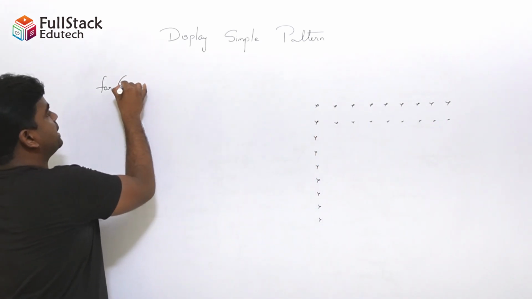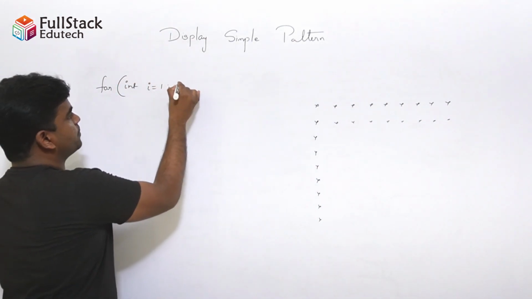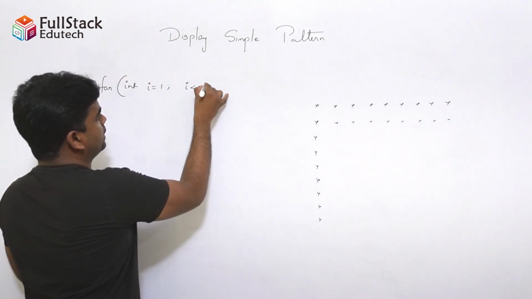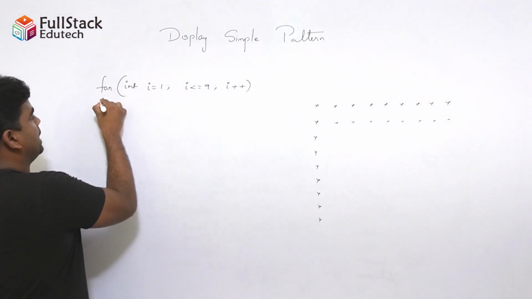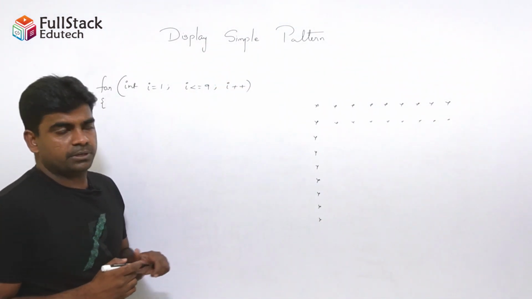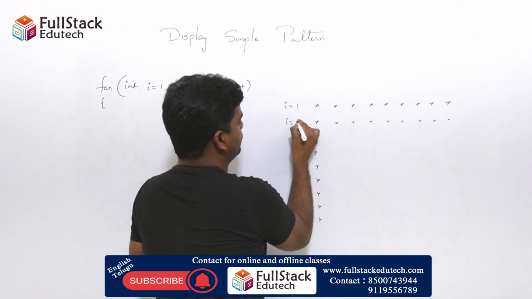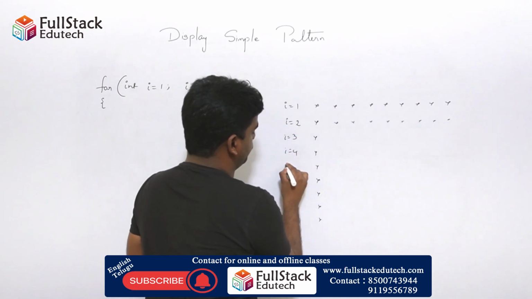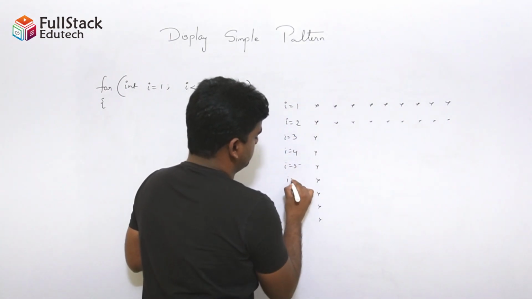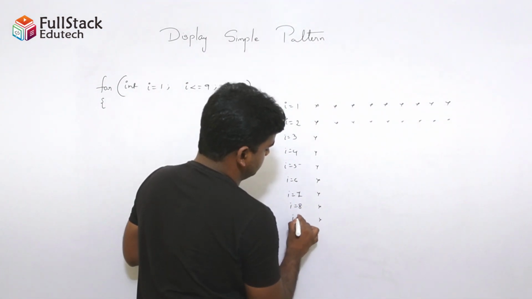So we repeat the I value: int i = 1, i <= 9, i++. 9 times we are repeating the loop. Here i = 1, i = 2, i = 3, 4, 5, 6, 7, 8, 9.